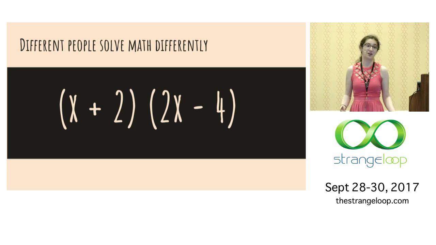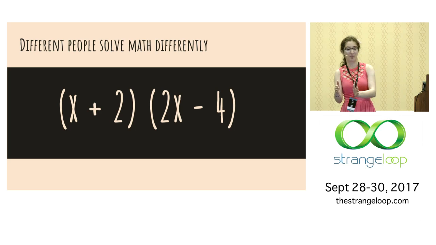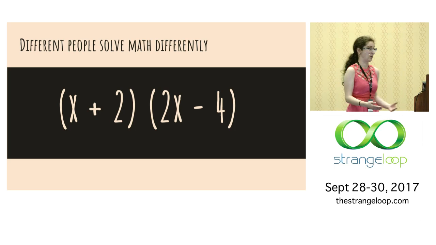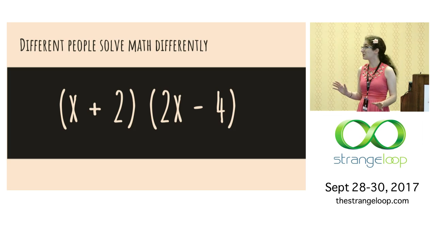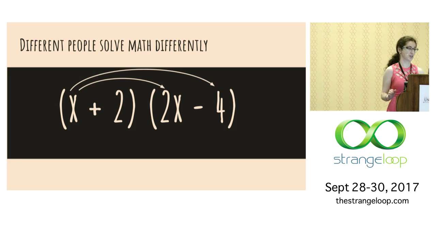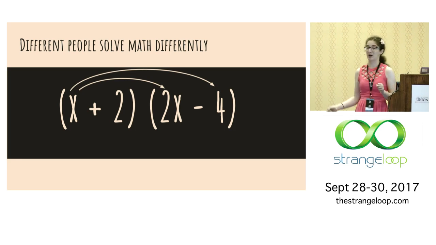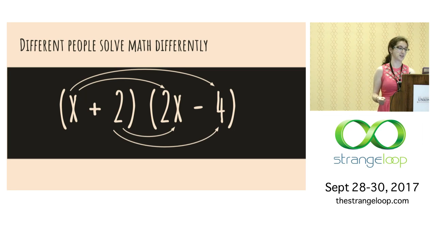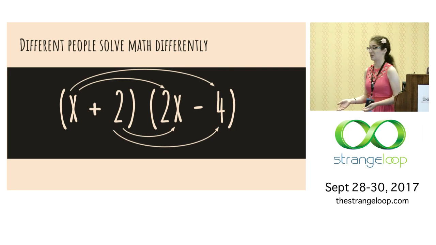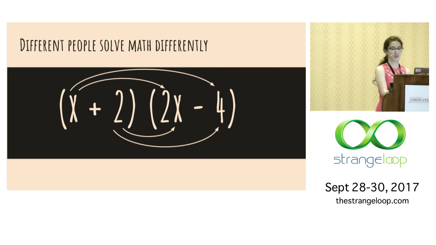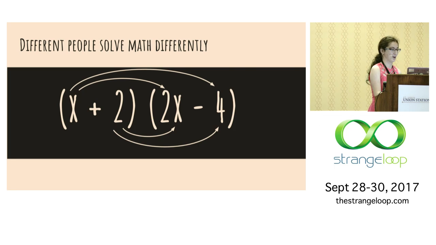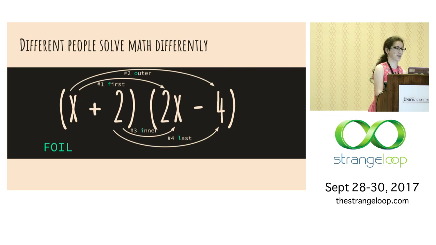So there's the answer, but there's also all the steps along the way. So this is multiplying two binomials. The way that I learned to do it was you take the first term, you multiply it by all the terms on the right, and then you take the second one, you multiply it by all the terms on the right. If there was a third term, I would also multiply it by all the terms on the right. I know how to expand this to any kind of multiplying things by each other, but a lot of people learn this as FOIL.